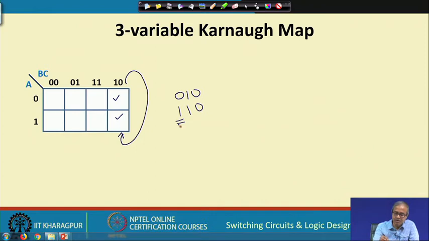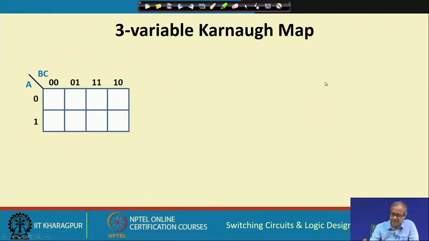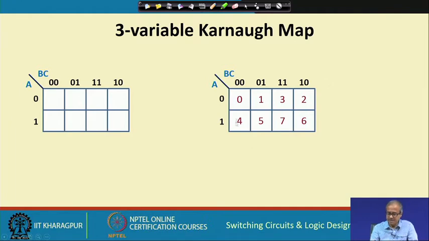So, this is how we make the labels, and the corresponding decimal numbers corresponding to the values of a, b and c. If I write down the decimal values of a, b, c in this order, they will be written like this: 0 0 0 is 0, 0 0 1 is 1, 0 1 0 is 2, 0 1 1 is 3, similarly 4, 5, 6, 7.